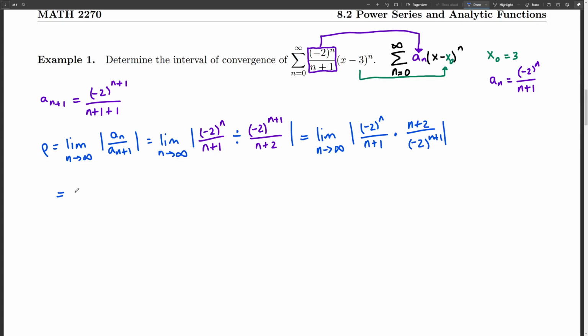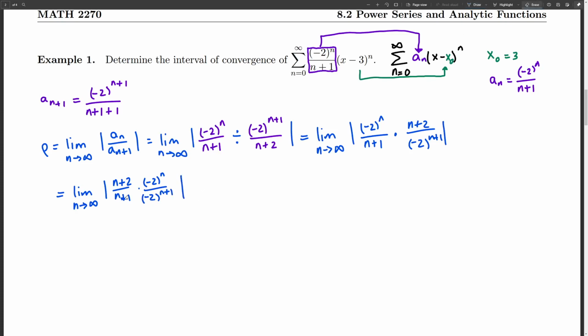And we can simplify that as follows. That is the limit as n goes to infinity of the absolute value of n plus 2 over n plus 1, times -2 to the power n over -2 to the power n plus 1.